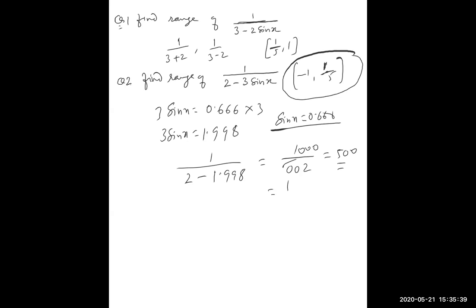Because sin x can be any number between -1 and +1, and I have selected sin x equal to 0.666, which is absolutely fine. If it is wrong, tell me, sir, this is wrong. That means your answer is wrong. I have proved your answer is wrong.